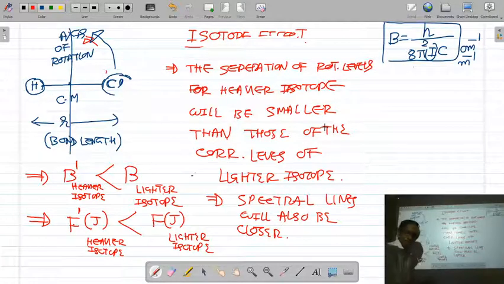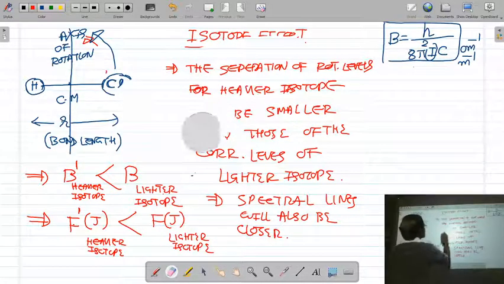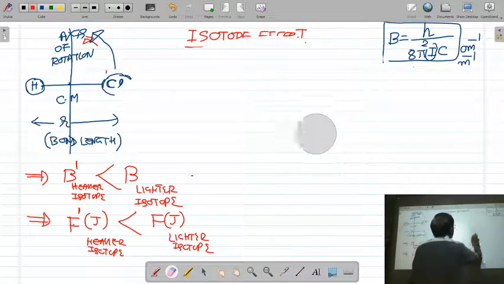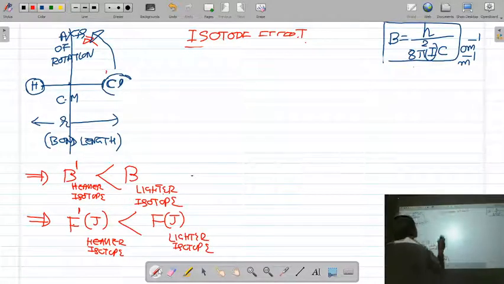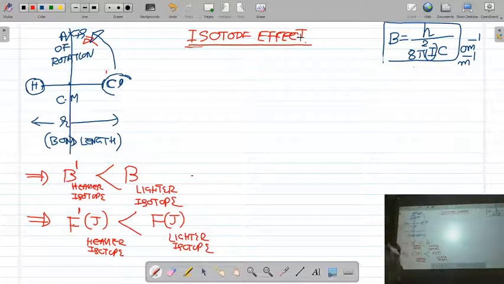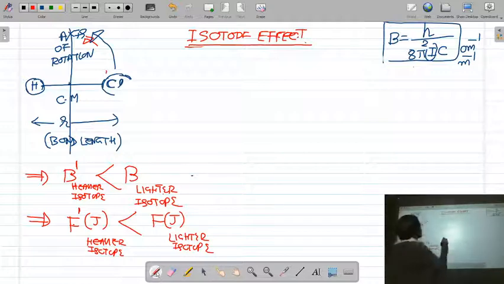If you draw the rotational levels for lighter and heavier isotope, I will draw the rotational levels.